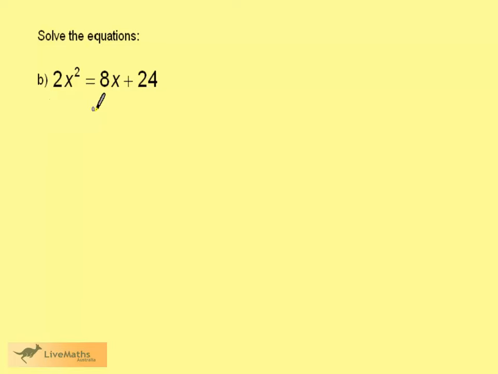Now consider 2x squared equals 8x plus 24. Subtracting 8x and 24 from both sides gives 2x squared minus 8x minus 24 is equal to 0.